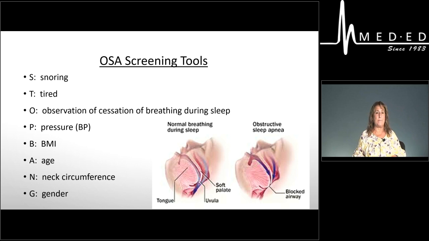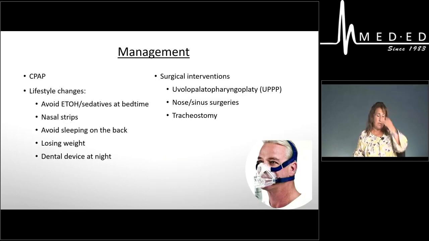But with sleep apnea, the management of choice is CPAP. So they have to be fitted for a CPAP machine, and they have to be tested as well. So if your patient were to score at high risk for sleep apnea, the next step, other than monitoring while they're in the acute care setting, would be to get them in for a sleep study.